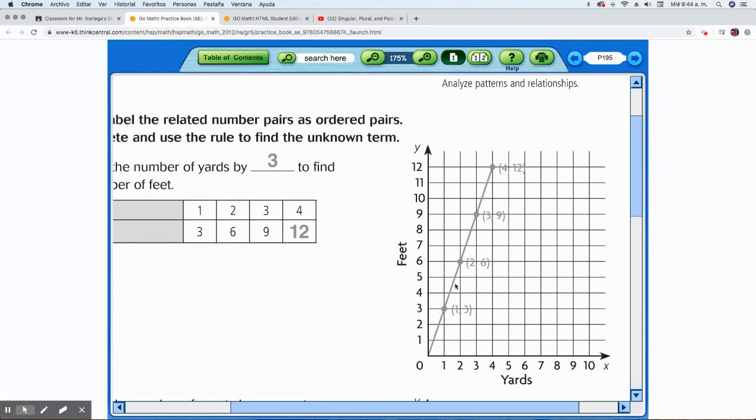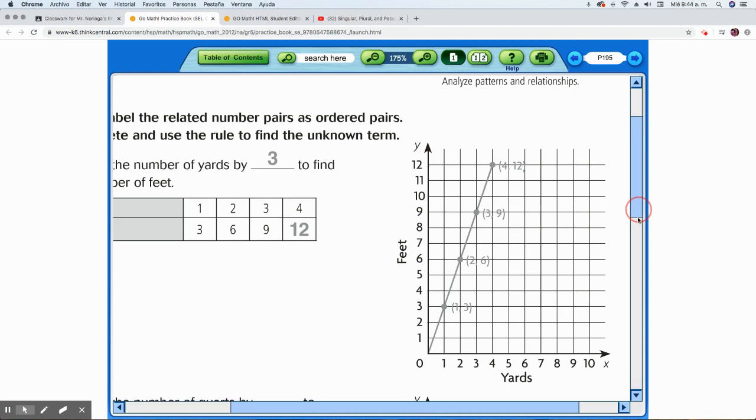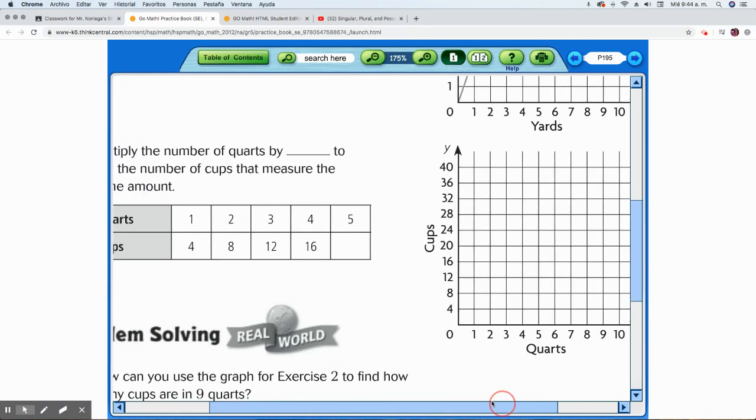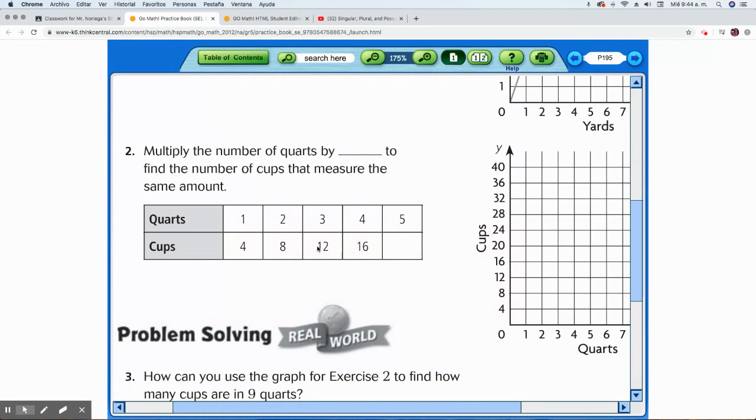Okay, let's take a look at number 2, which is the one that we have to actually finish. Multiply the number of quarts by some number to find the number of cups that measure the same amount. So 1 quart has 4 cups, 2 has 8 cups, 3 has 12 cups, 4 has 16 cups.